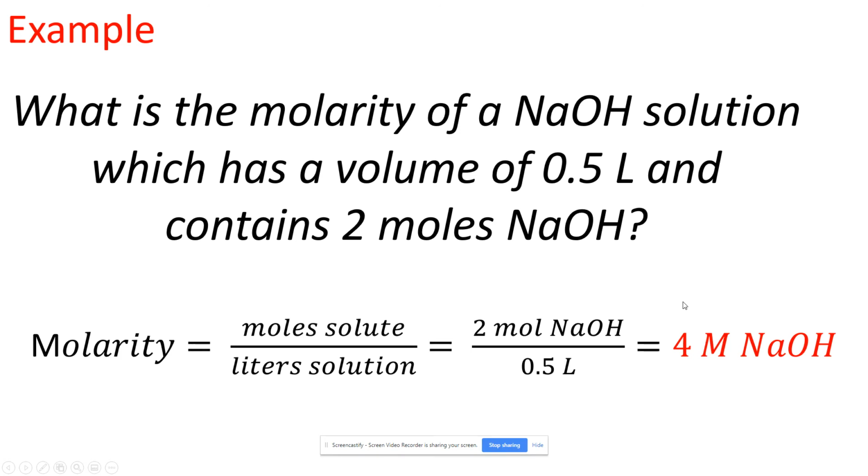Placing those givens in the molarity formula, you substitute the 2 moles on top and the 0.5 liters on the bottom. That gives you the answer, the molarity: 4 M, or 4 molar NaOH.